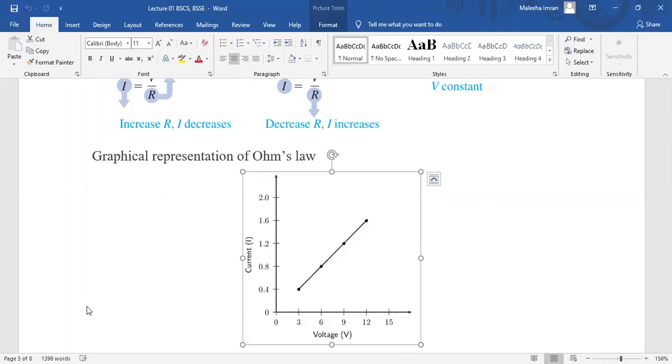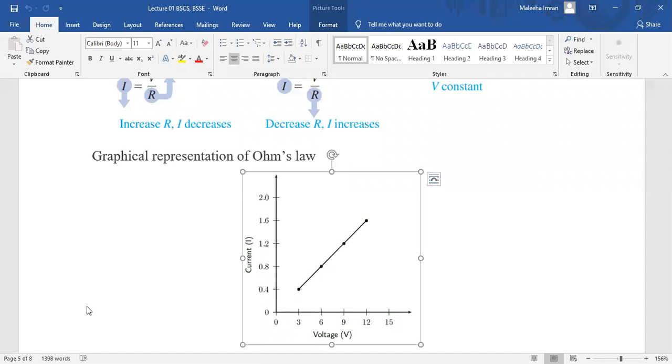So we get what? We get a linear behavior. What is meant by linear behavior? By linear behavior we mean the graph will be a straight line. तो उस सूरत में this is a graphical representation. And from here last time मैंने आपको बताया था, from this graph we determine the third parameter.